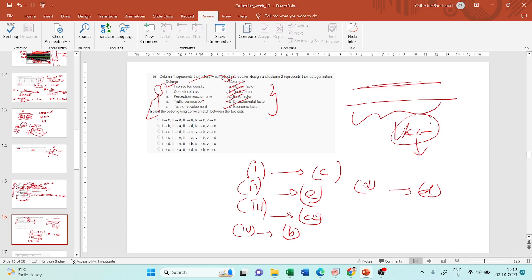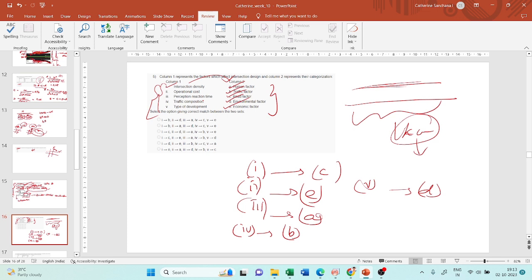Okay, driver expectancy, right? For traffic factors, apart from traffic composition, you can have vehicle speed, traffic mixes. You can have vehicle crash experience, design or turning movements, types of movements, all will come under traffic factor.